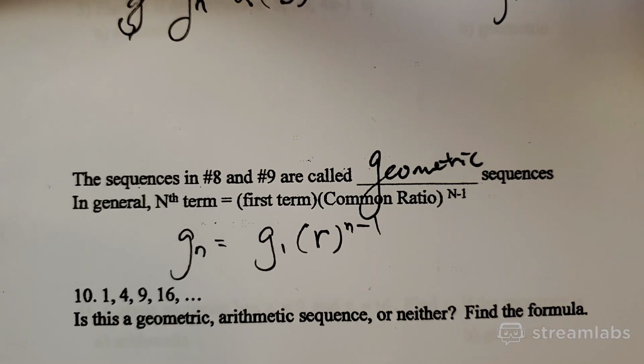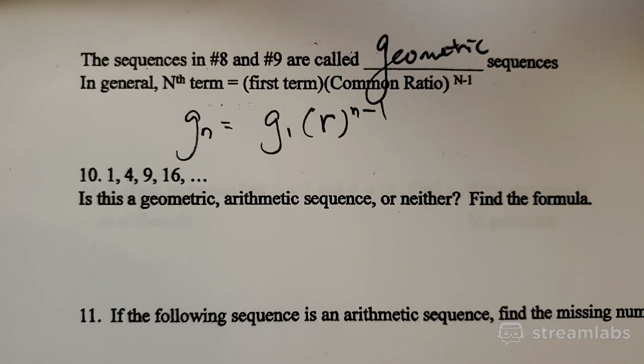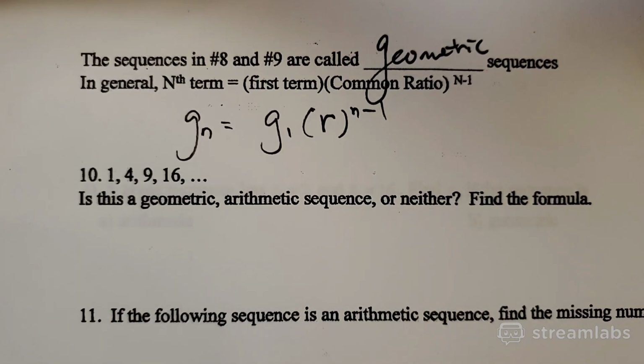So the next part is then, how can I tell whether or not something is geometric or arithmetic? You just look at it, right? So is it geometric? Is it arithmetic? Is it neither? What is it, right? Take a look. What do you think? Arithmetic?